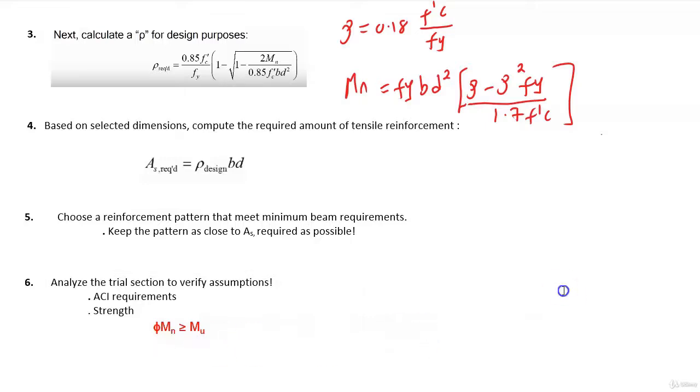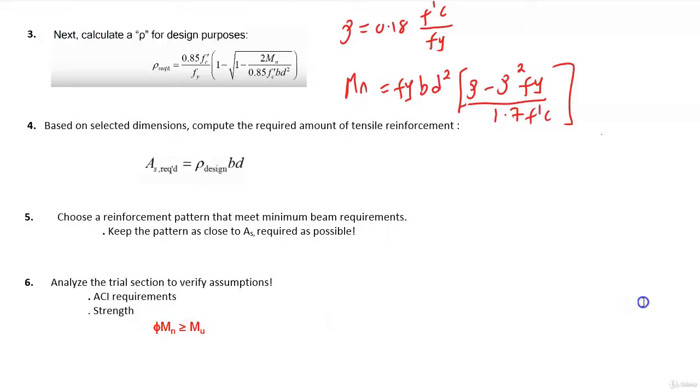We need to go back and select more area of steel in order for this beam to withstand the applied load. Or we can change the tributary area of the beam, change the compressive strength of the concrete, or change the depth or the width of the beam, in order for phi Mn to be greater than Mu.